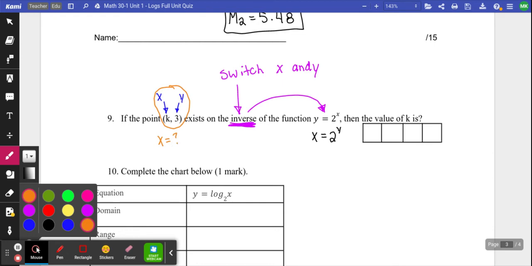So I'm looking for x. They told me y. I go to this equation, and I change y to be 3. The answer is 8. The trick there is knowing what an inverse is, and then realizing that a point is just an x and a y value. Anytime they give you a point, they're giving you x's and y's.